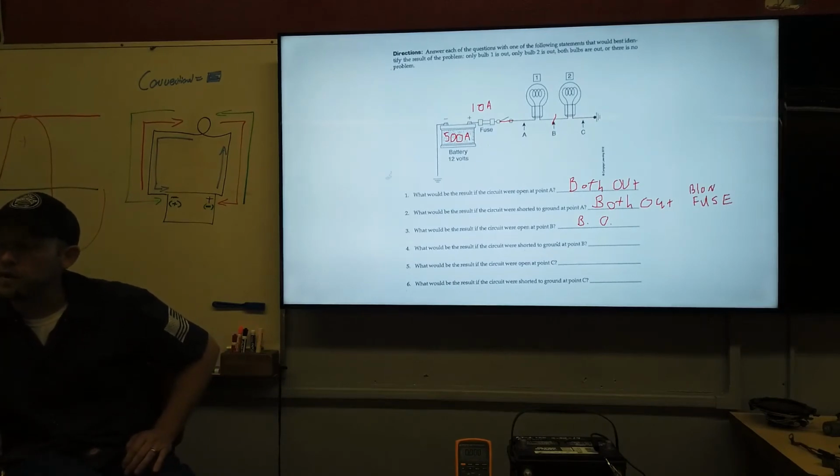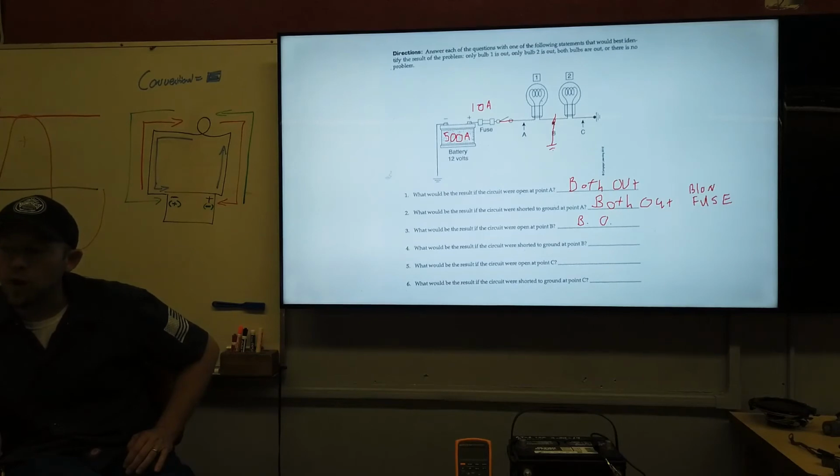So what would be the result if we had a short to ground at B? So if now we had a short to ground right here, then what do we have? In this case, this bulb would still have power and ground. But this one would have ground and ground.